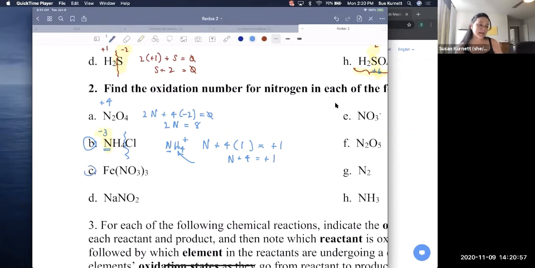C, this is an ionic compound, so I want to break it apart. 1 iron 3 and 3 nitrates combined to make the formula unit. So let me just look at 1 nitrate at a time.